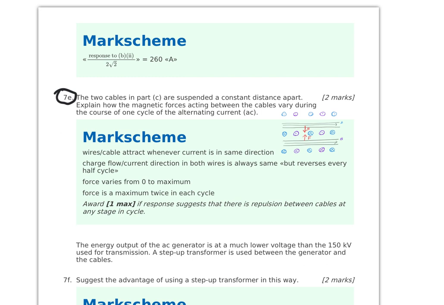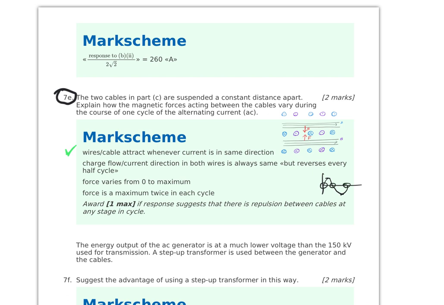So you don't need to necessarily derive all that to answer the question, but that is the explanation as to why they said that. So wires attract when their current is in the same direction. And the current will always be in the same direction because they're in phase with each other. Now they're not going to attract when the cycle is at the point when the EMF is 0, because we have an alternating current here. So if it's alternating current, there's going to be points when you have a maximum, and then there are going to be points when you have no EMF.